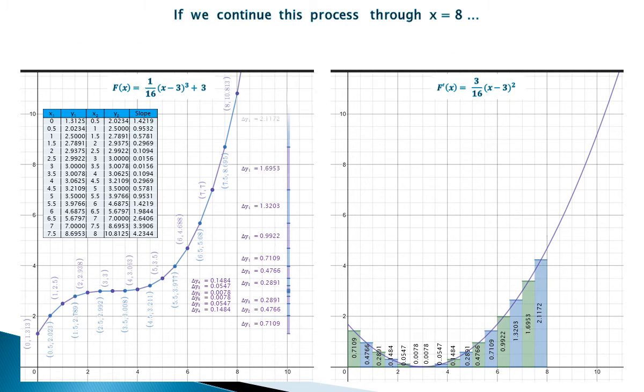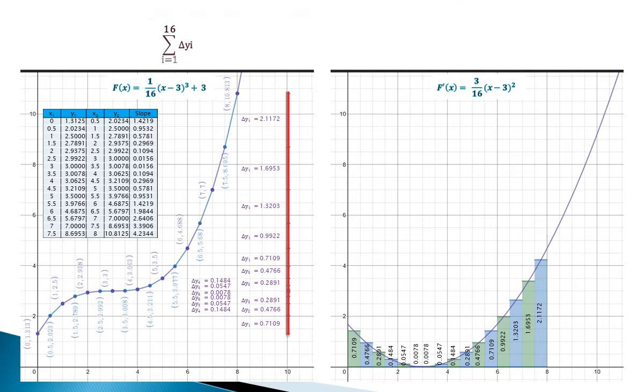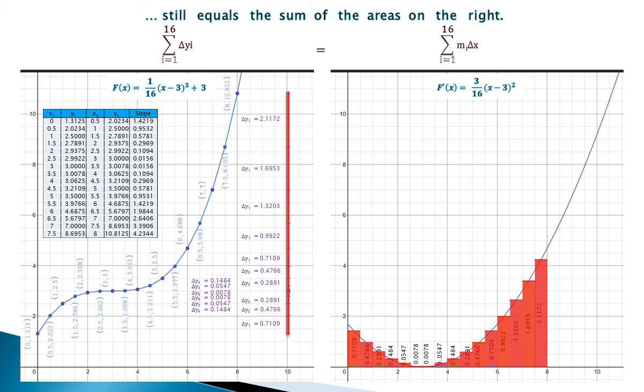And if we continue this process through x equals 8, we find that the sum of the line segments on the left still equals the sum of the areas on the right.